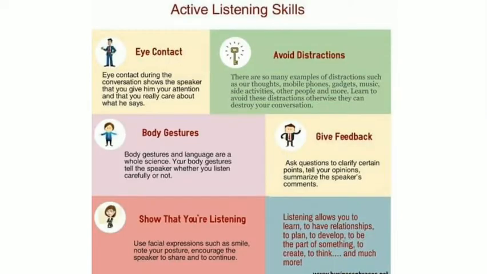It is very important that you give attention to the speaker. So if your teacher is speaking in front of you, you need to listen. You need to build eye contact with your teacher.